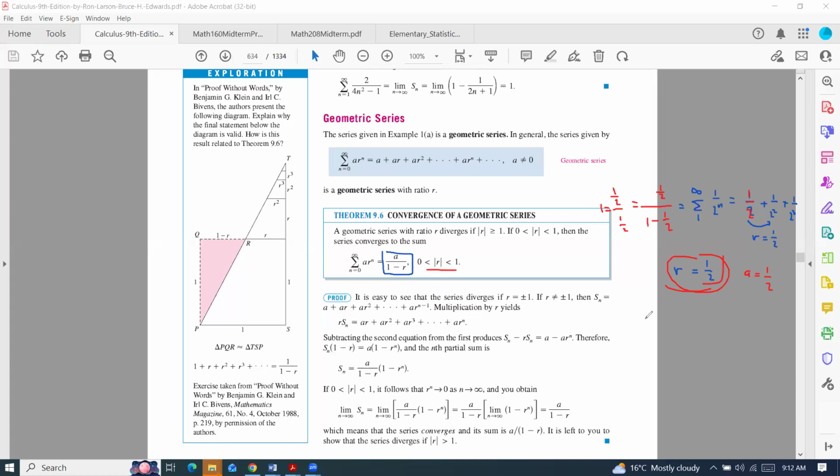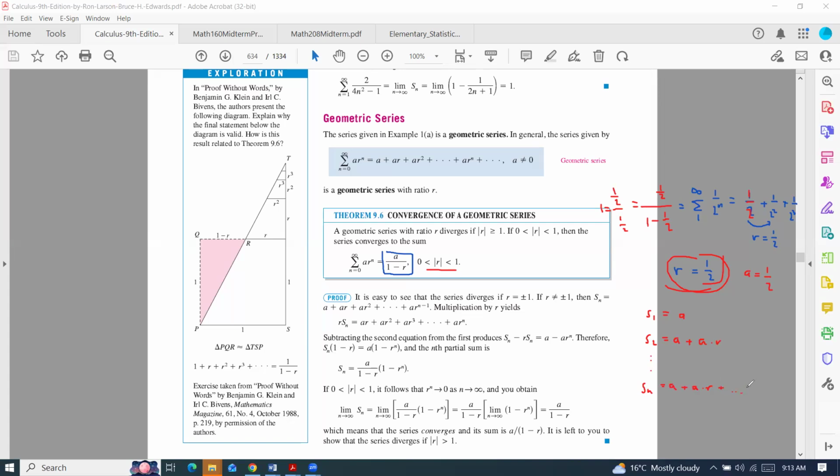This is great, and quite amazing, and I can actually show you how they produce this little proof. I think it's pretty standard. The first term is a, the second term is a times r, and so forth. The nth partial sum will be a sum of n terms: a, then a r, and so on.